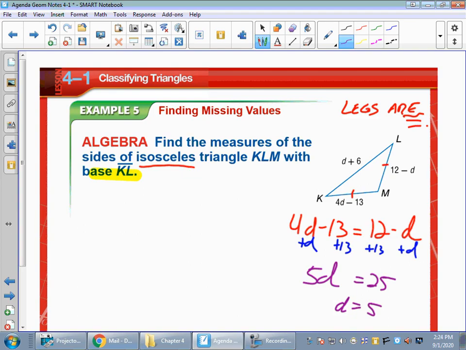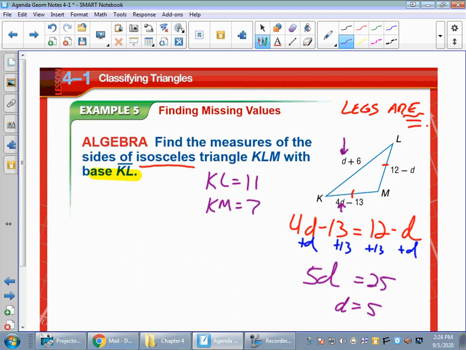So now that I know that D is equal to 5, I can find all of these lengths by plugging 5 in. So I'm going to plug in this 5 here to this D, and I know that KL is then 5 plus 6, which is 11. I can find KM by plugging 5 in here and saying 4 times 5 is 20, minus 13 is 7.